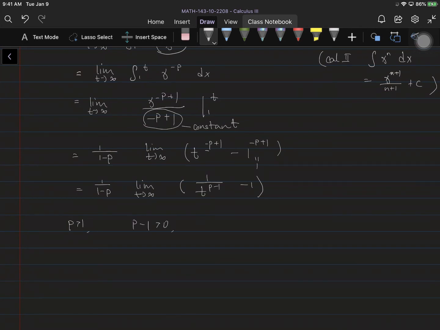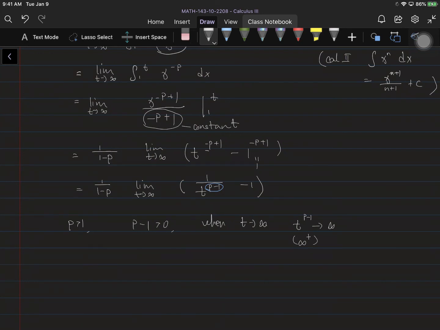And as t goes to infinity, t to the p minus 1 also goes to infinity, because this is some infinity to a positive power, which definitely goes to infinity.